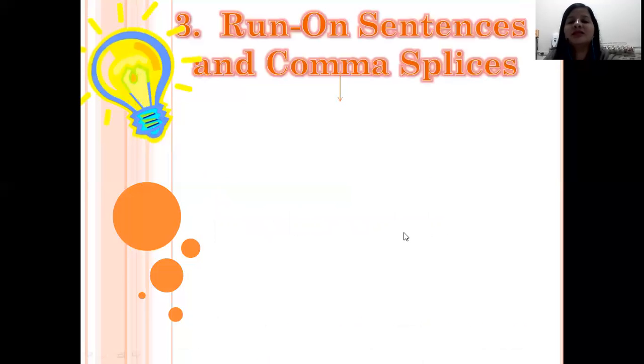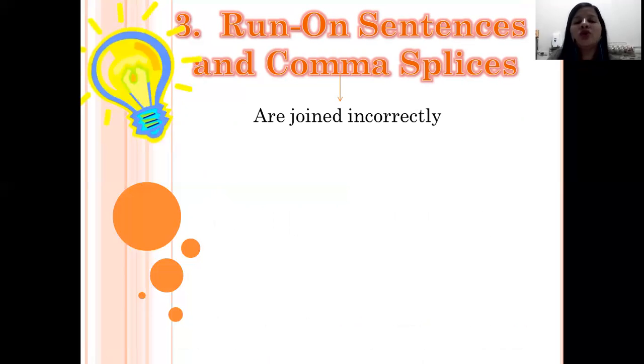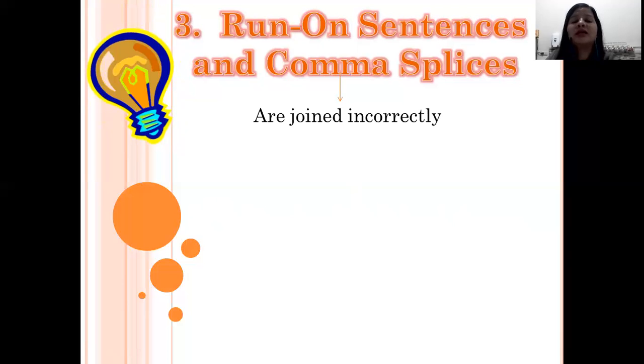For the next topic, number 3, run-on sentences and comma splices. These occur when simple sentences or independent clauses are joined incorrectly, so they make your writing grammatically incorrect.